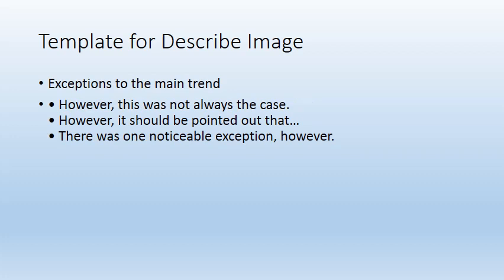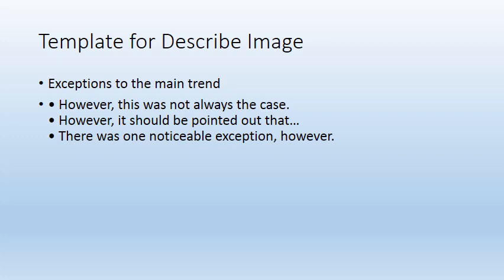Now you should talk about exceptions to the main trend. There could be some exceptions. How should you deal with the exceptions in the trend of the image? You can say, however, this was not always the case. However, it should be pointed out that there was one noticeable exception.